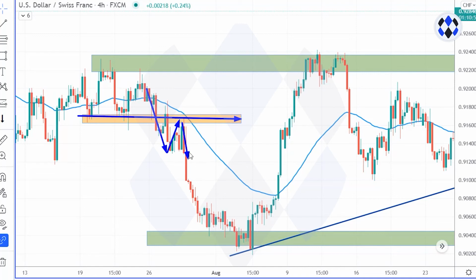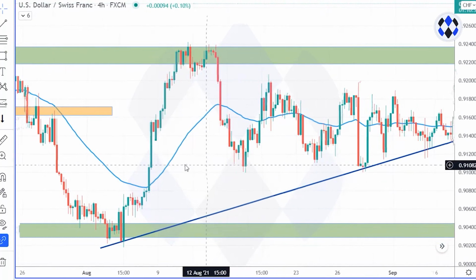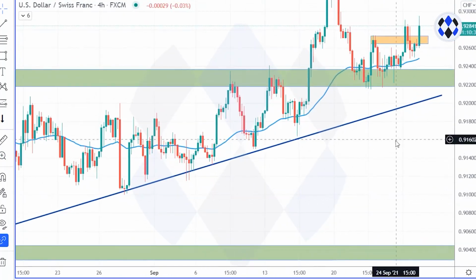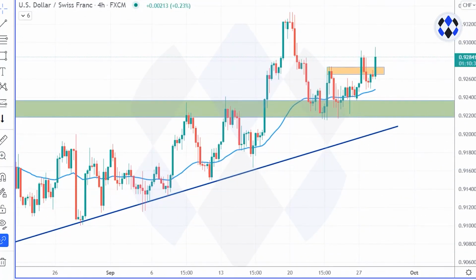Then I have no problem taking a short here with a stop loss somewhere up here and normally a 1.5 to 1 in reward to risk, something like that. So that is what I'm looking for, and right now there are not too many setups like these in the market.